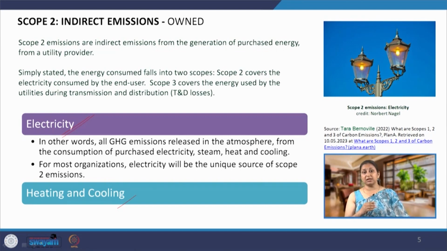Even if we are using a cleaner fuel, the emissions which happen when the electricity is being produced are accrued to my company's credit, because I am using that electricity. These are indirect emissions. Now, the emission factor would change from country to country, from region to region.